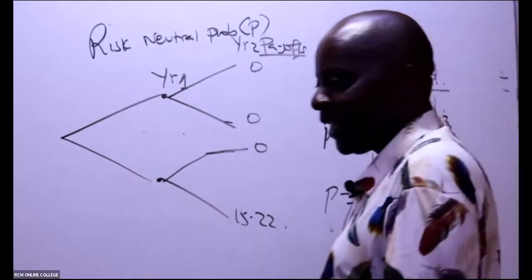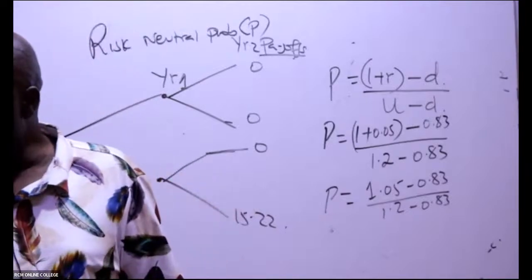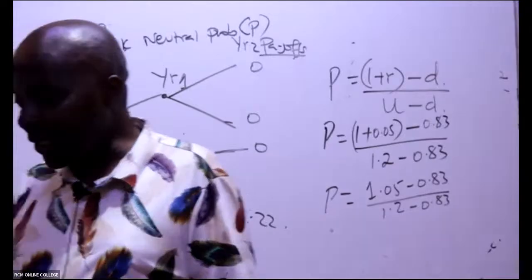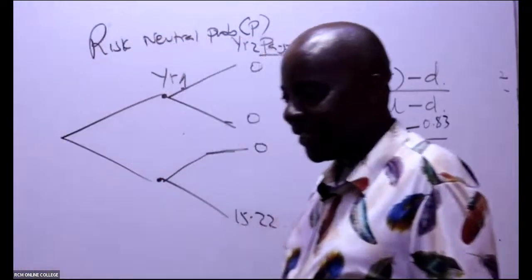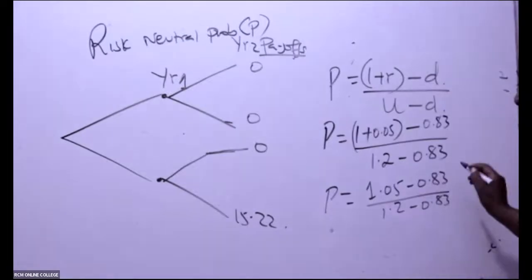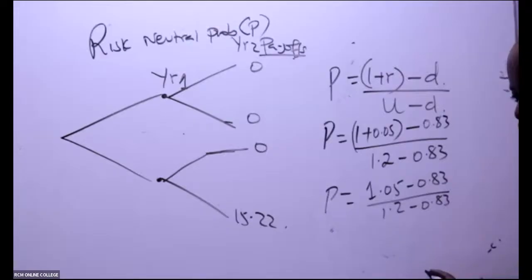So then at the end of the day, who is able to give me this answer? I'm being given an answer of 0.59. Is that okay? All of us, are we able to get it? You get this numerator divided by the denominator.